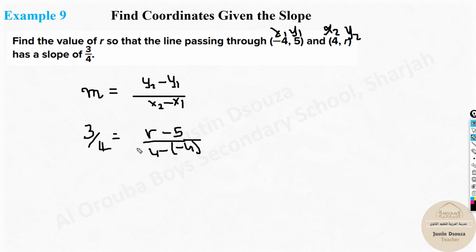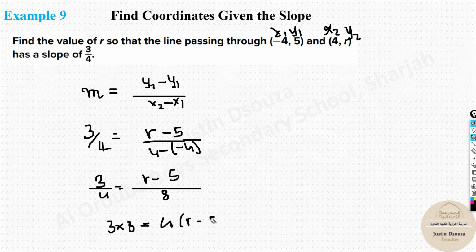Whatever is in the denominator, it's cross multiplication, take it to the other side. Now first let's simplify it. 3/4 equals r minus 5 divided by 4, minus of minus will be 4 plus 4, that's 8. Now take this to the other side, it will be 3 times 8 equals 4 times r minus 5. Now 3 times 8 is 24.